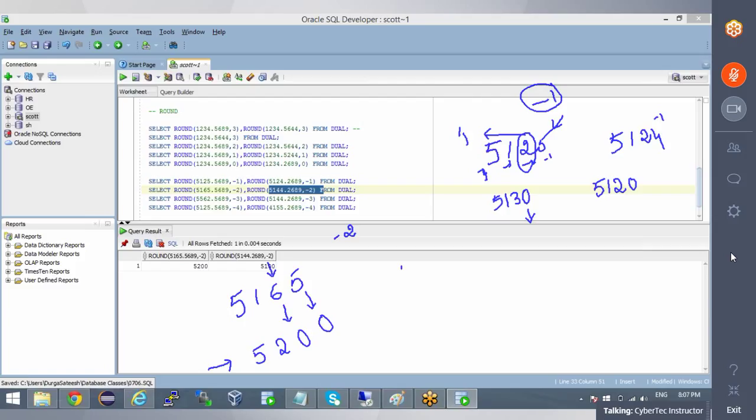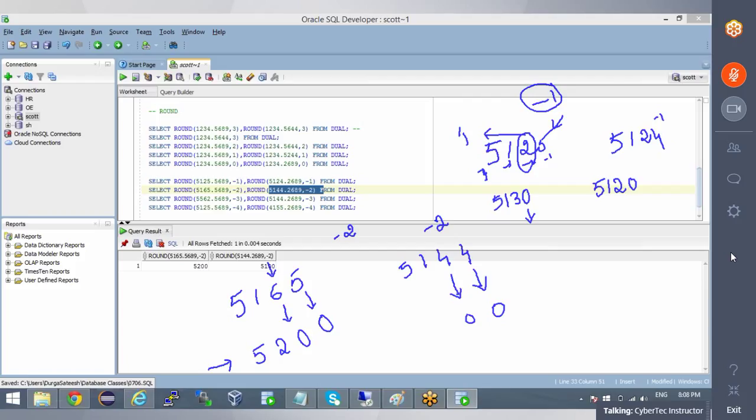Now if you see this value, 5144, my positioning is -2. Yes, this will be 0. Perfect. This will obviously be 0 because we are looking at that particular position. But I have to take an action on it based on the next value.